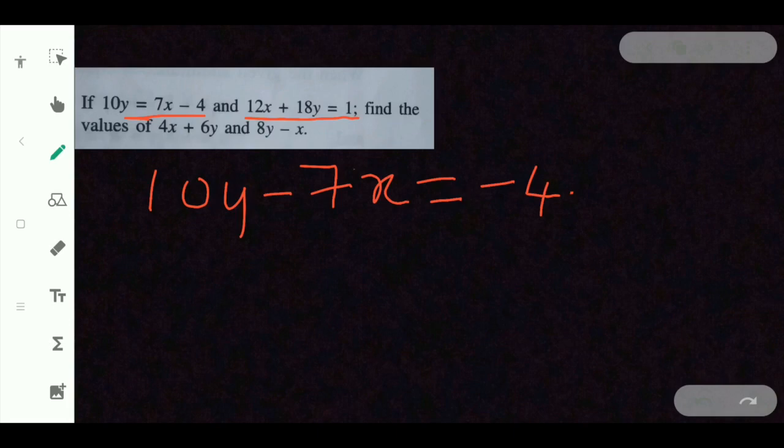That is, under 7x I am writing 12x plus 18y is equal to 1. I just wrote the x terms and y terms consecutively.